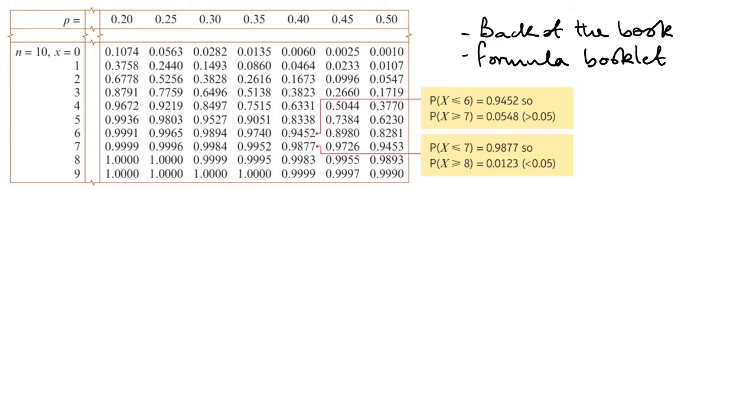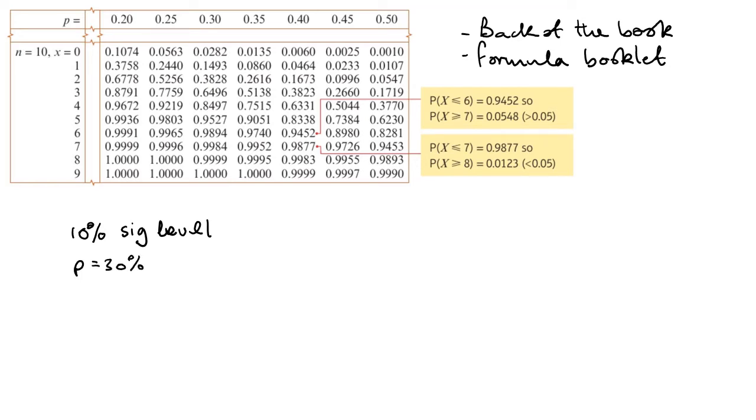So let's say, for example, that our significance level was, let's go for 10%. So let's add a 10% significance level, and I had a probability of 30%.